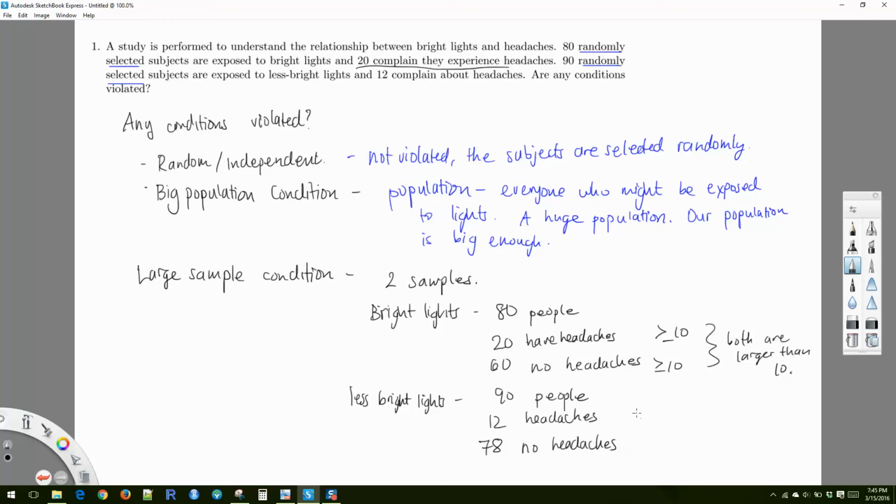So 12 is bigger than or equal to 10, and 78 is bigger than or equal to 10. So again, these are both greater than or equal to 10, so this condition is met. All 3 of these conditions are met.